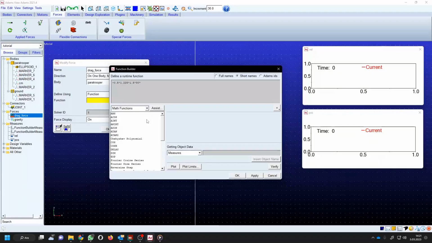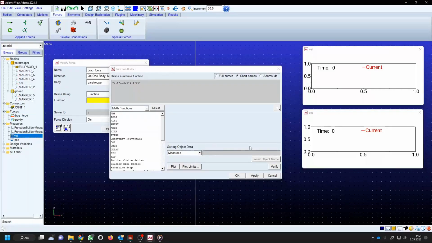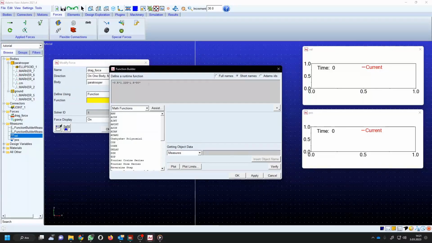I will use this measure as a variable in my equation: runtime measure guesses velocity. I will insert it here, times the absolute value of this.